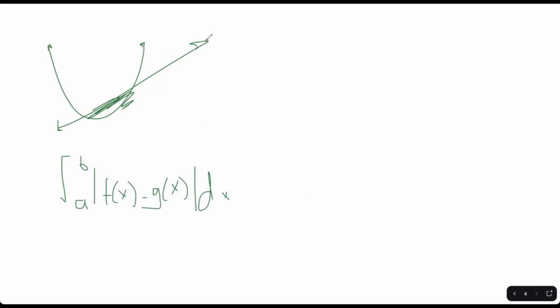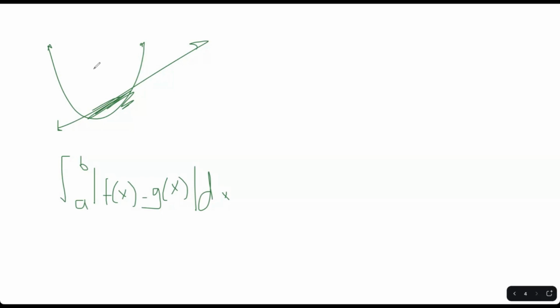Like, let's say the line was g of x and the quadratic equation was f of x, then we would replace this with g of x minus f of x because g of x is on top in this case. You cannot really establish an antiderivative for an absolute value by hand. You could use a calculator, of course, which is why if you're doing it in a non-calc section, you're going to need to find out which one's on top. You need to find out what the bounds are, and then you put the integral in that form.